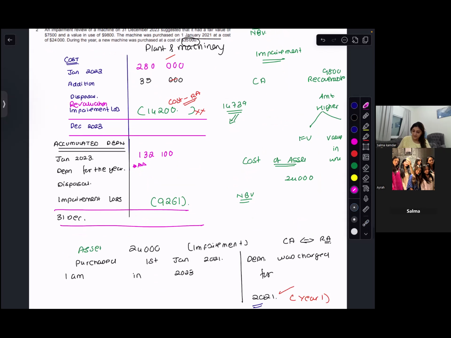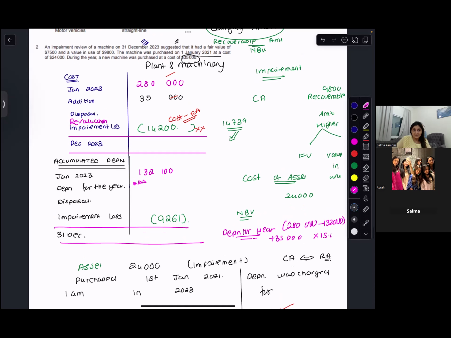So the depreciation for the year would be calculated how? It's the reducing balance method. You'll add the net book value: 280,000 plus 35,000 minus 132,000, and on the 35,000 full thing, into 15%.